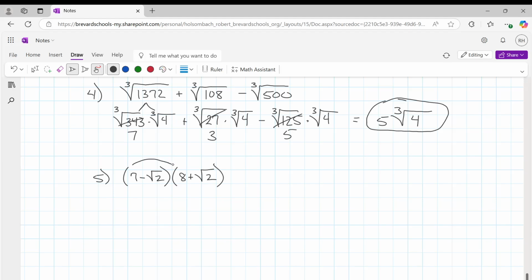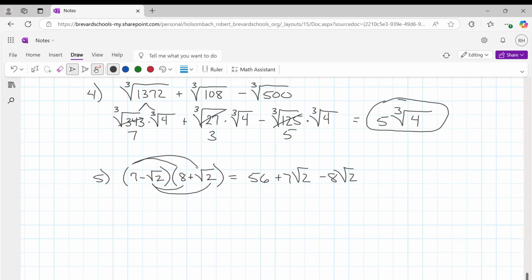So we're going to take the 7 times the 8, which is 56. 7 times positive radical 2 is positive 7 radical 2. Negative radical 2 times 8 is negative 8 radical 2. And negative radical 2 times positive radical 2.